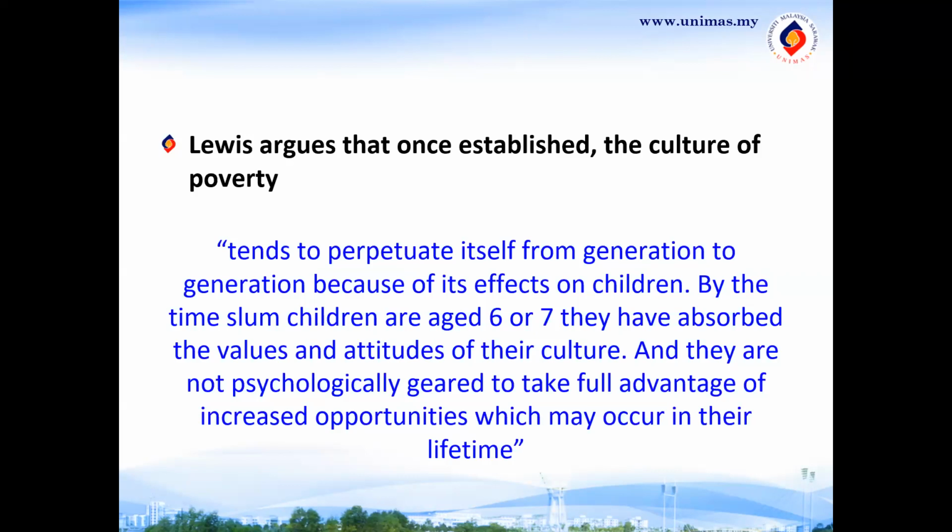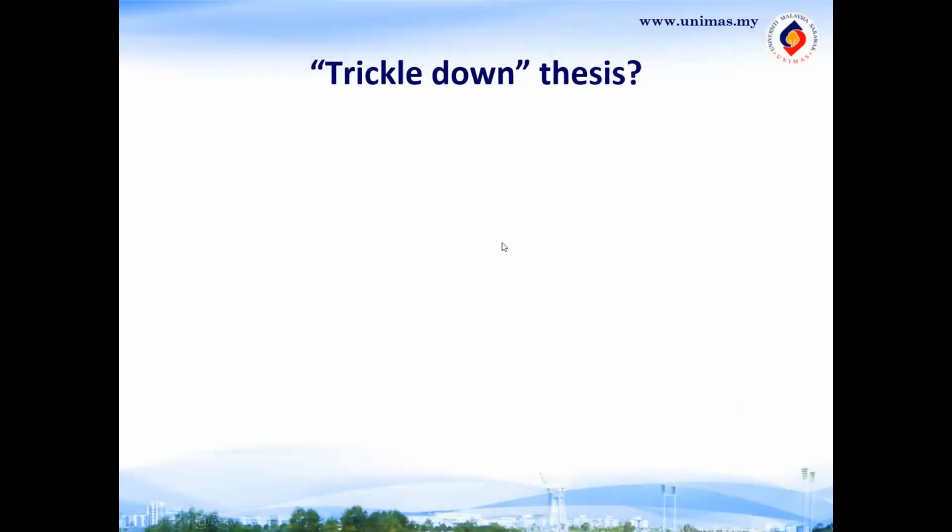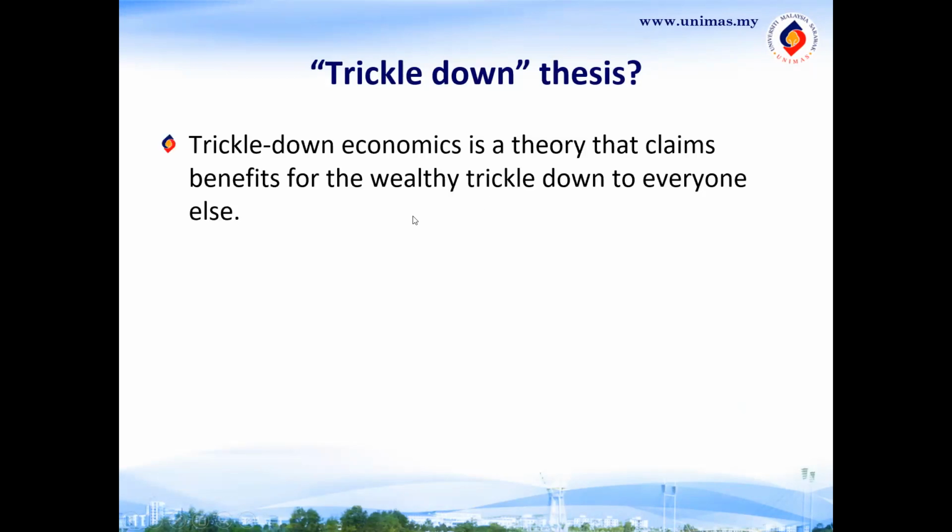That is a theory of why poverty still exists, despite all the efforts made by the government to solve the problem of poverty. Right? Okay. Alright, that was by Oscar Lewis.